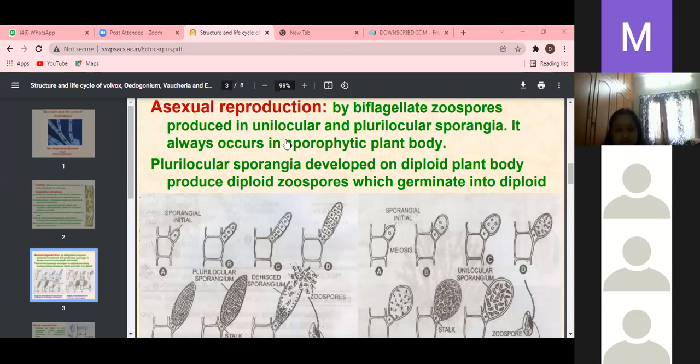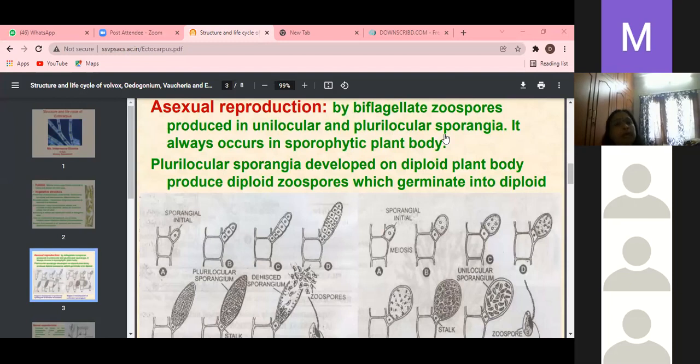Two kinds of sporangia, namely unilocular sporangia and plurilocular sporangia. The second name is plurilocular, and here these are also called multilocular sporangia.